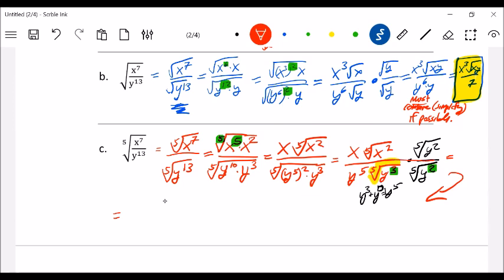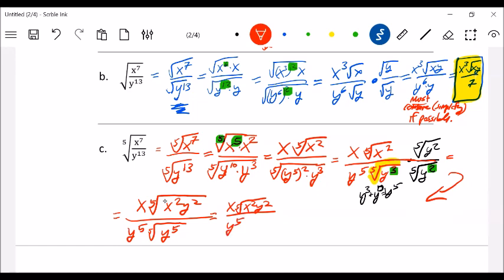On the top part, I have an x, and inside for the fifth root, I have x squared and y squared. On the bottom, I have y to the fifth. Then inside that cube root, or fifth root rather, I have a y to the fifth.